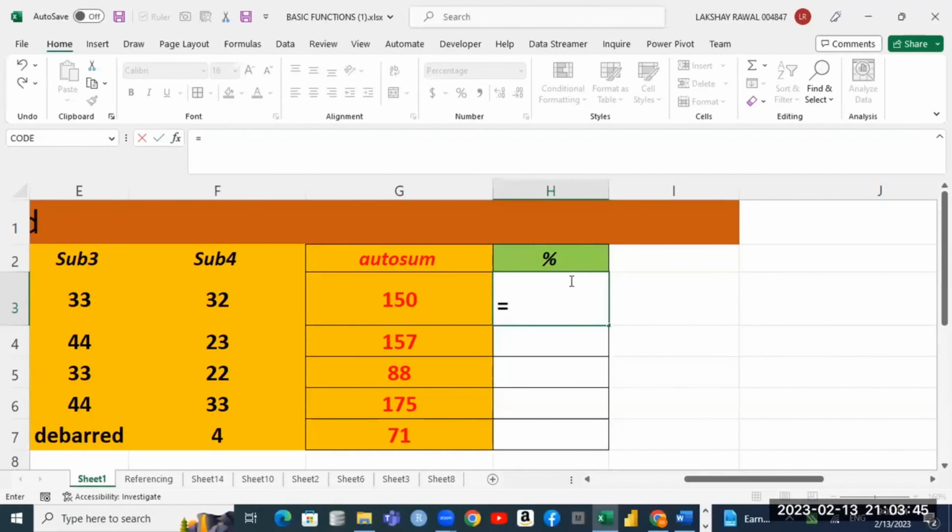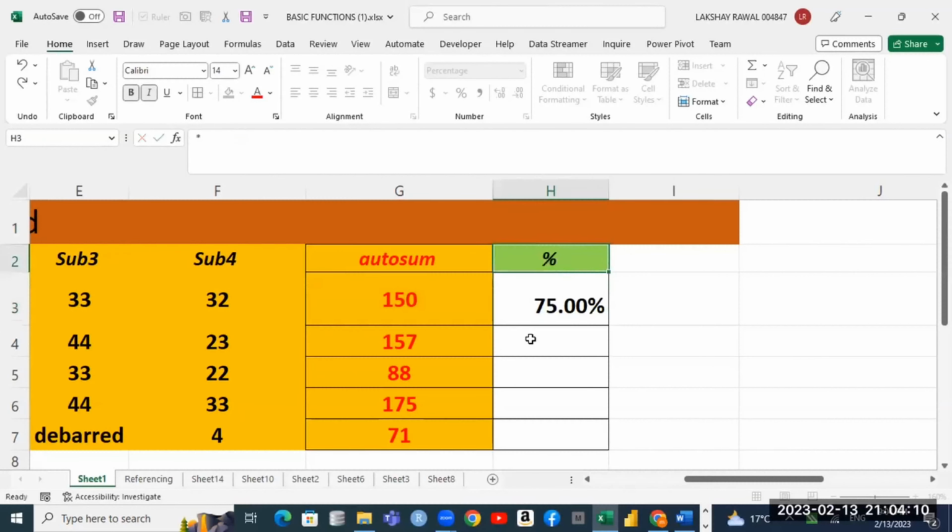Is equal to obtained marks divided by 200, and into 100.